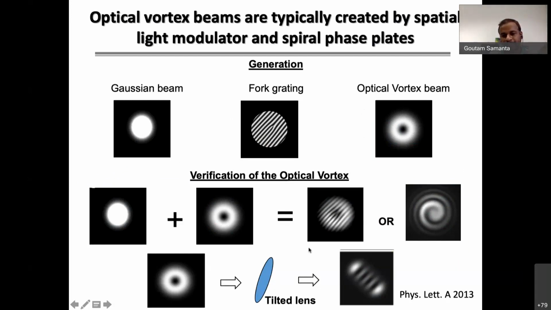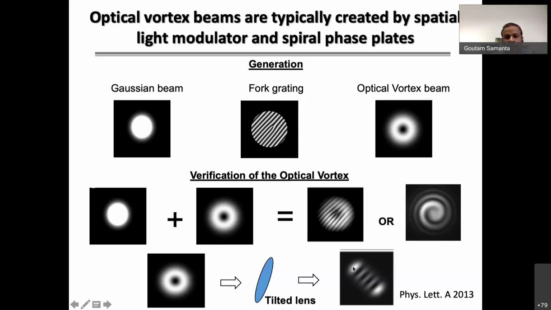There is another simple technique of identifying whether that beam carries orbital angular momentum or vortex modes or not. We can use a tilted lens. You can just have a lens and tilt it over its axis, and then in the focal plane we can see a splitting of the modes happening.